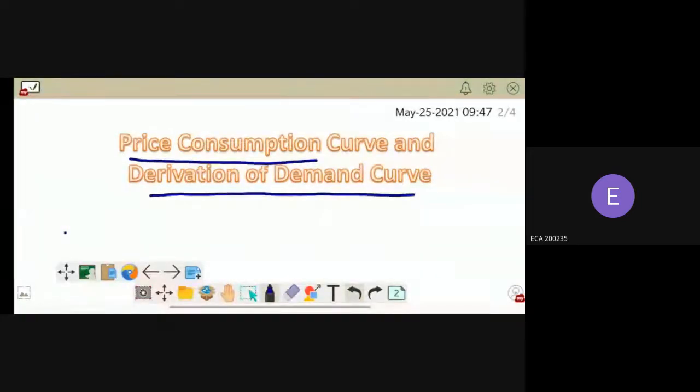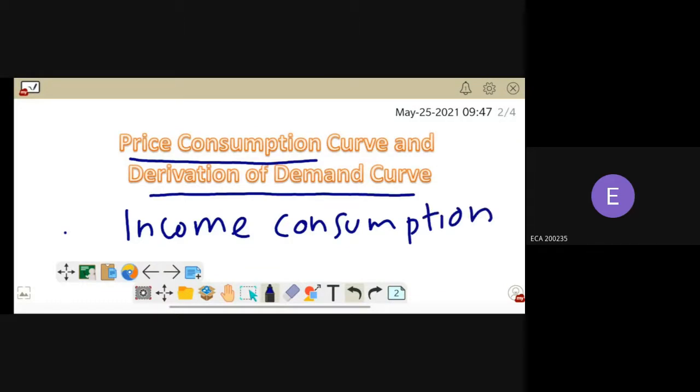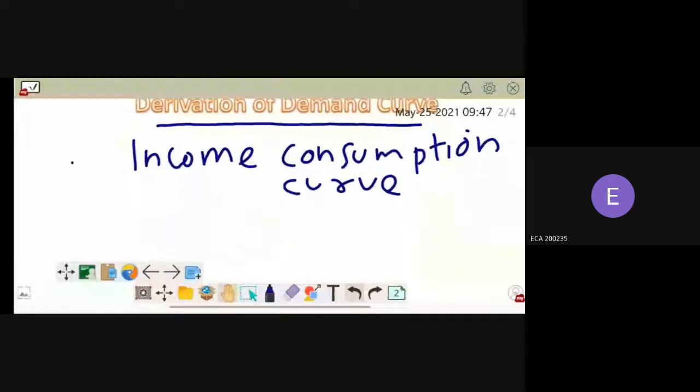In our previous class, yesterday, we studied about income consumption curve that showed how changes in the income of the consumer move him to higher levels, to a new budget line.